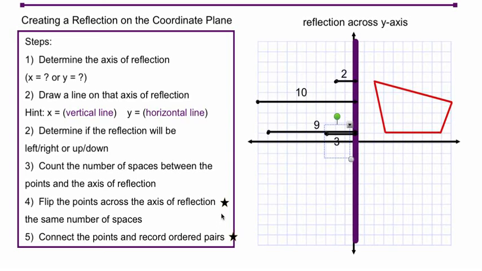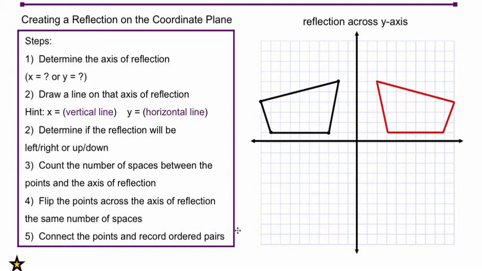Then you're going to connect those points and record your ordered pairs. Okay, and so it looks like that. Now you notice from here to here is 4, so if I divide it in half, it's 2. That's how long it was from the axis of reflection. So pretty simple. And then we can simply record our points.